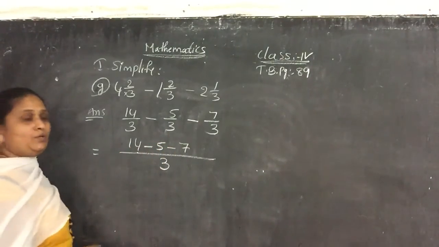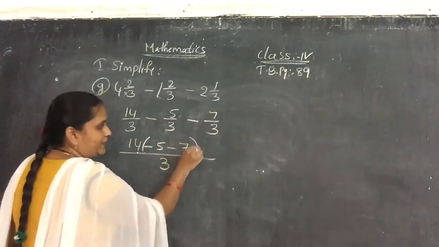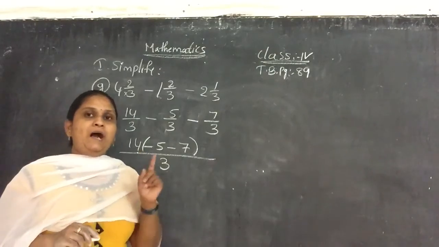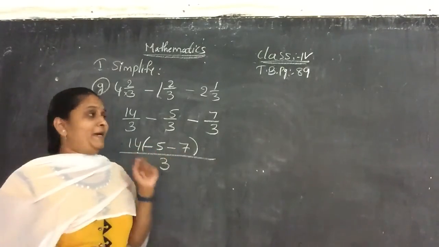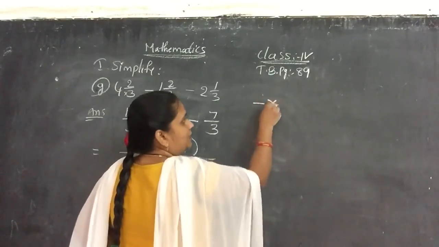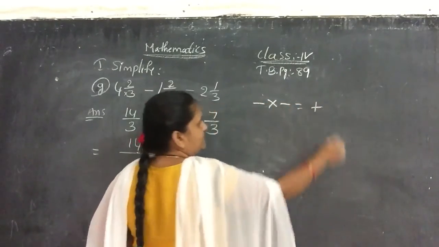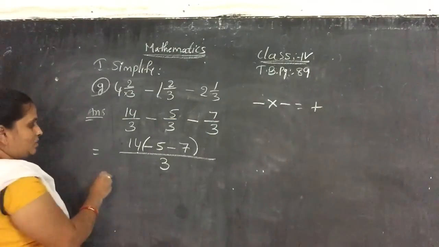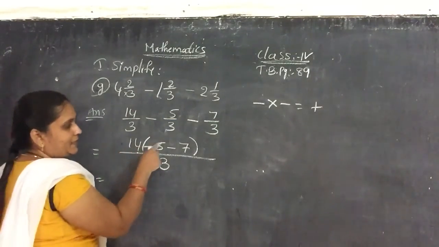So here what you have to do is, this minus 5 and minus 7, these two you have to add. After adding, you have to put the minus symbol, because minus into minus will give you plus. Okay, minus into minus is equal to plus. So 14, after that minus 5 and minus 7.